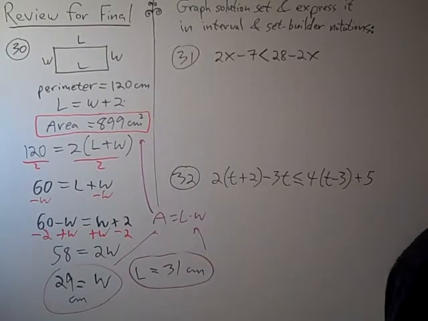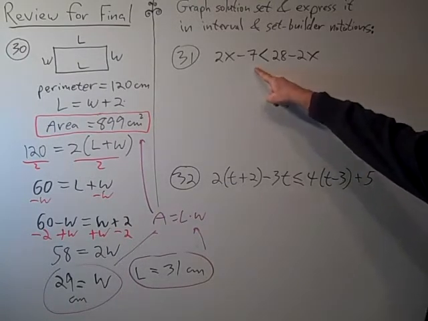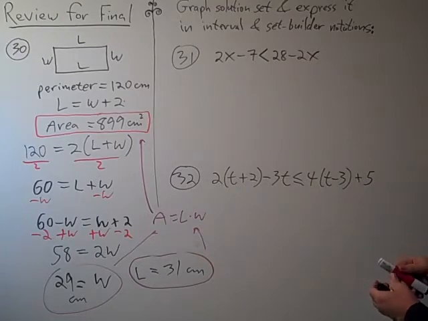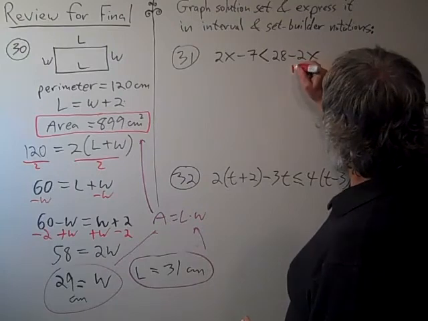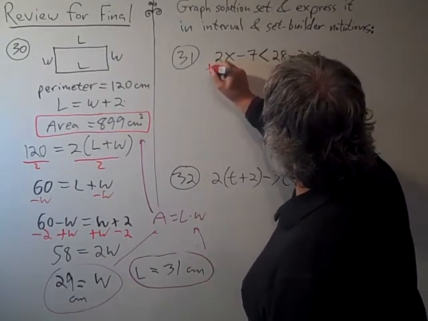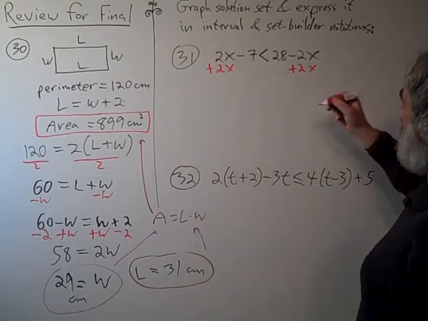Okay, now in problem 31, we're to solve this linear inequality. So we want to get all the x terms together. So I'm going to add 2x to both sides and add 7.